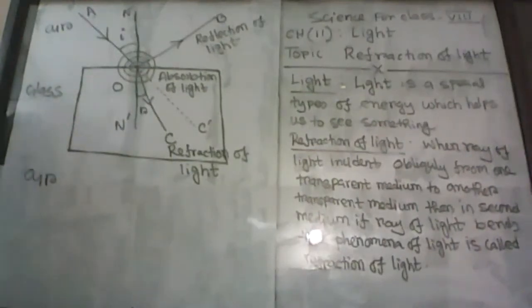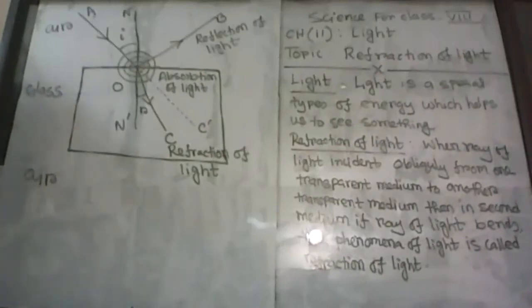There is another cause for the bending of this ray of light. That is called optical density. So what is optical density? When a ray of light passes from any kind of medium to any kind of medium, suppose from free space to air medium, or from air medium to water medium, the concentration or density that is experienced by the light particle varies.